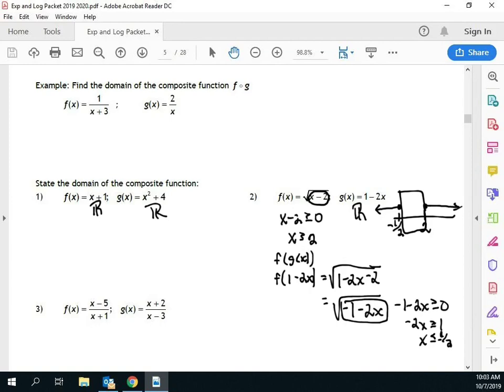Right there. Right there, this function will not work. So, I go through and say, my domain is an interval. Negative 1/2 to 2, including the endpoints.